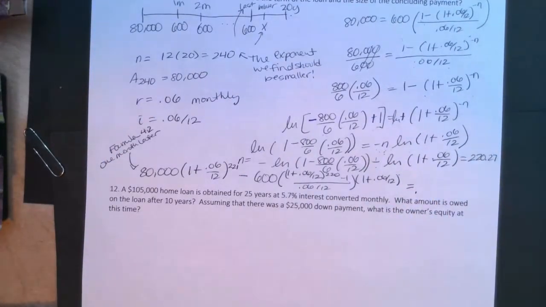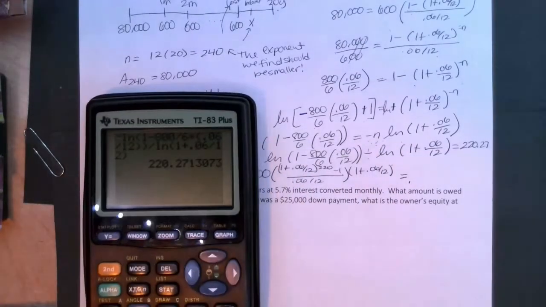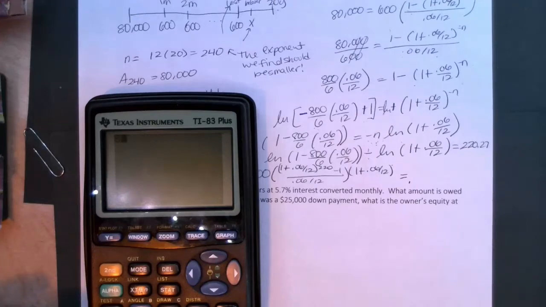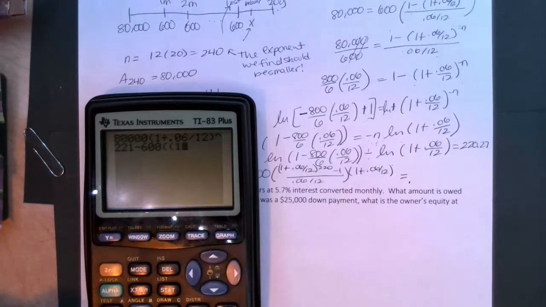So when we plug that in, we got 80,000 times 1 plus 0.06 over 12 to the 221, because again we're one payment period after that last full payment of 600 is made, minus 600 times, so this is for my numerator, this one is for my 1 plus.